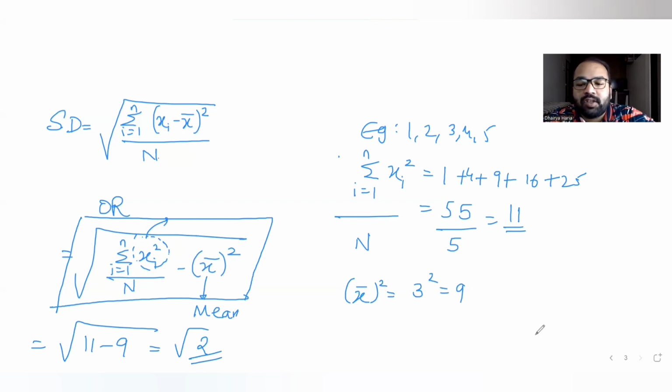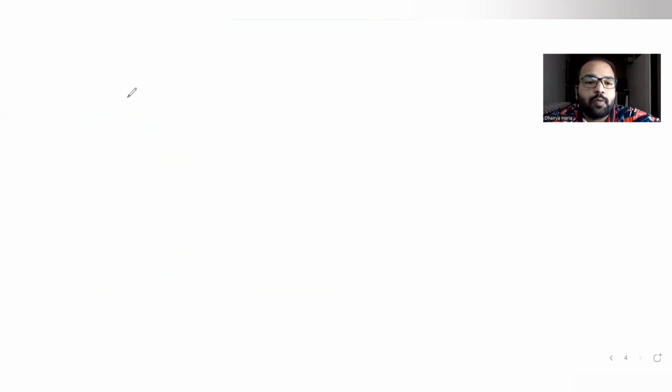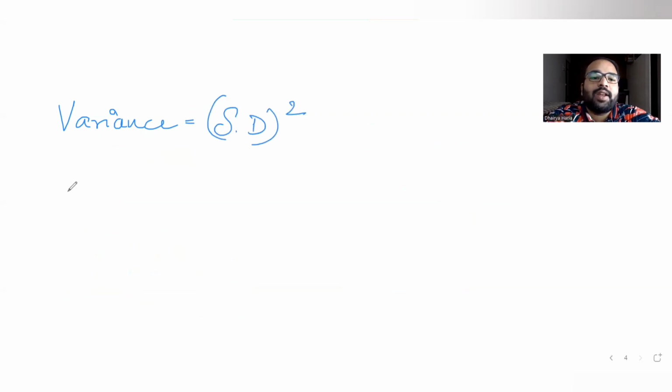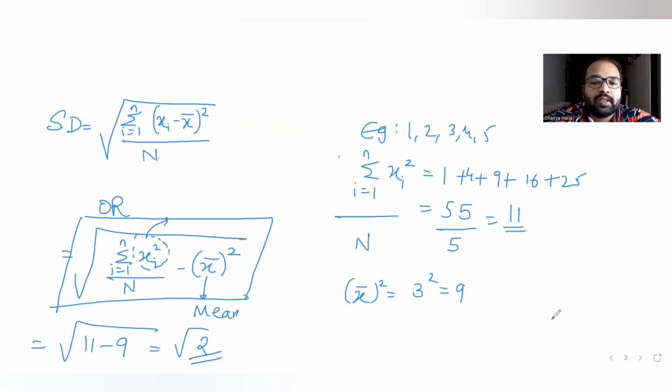Now, instead of this, if we had variance to be calculated, we already discussed at the start that variance is nothing but the square of the standard deviation. And we already discussed standard deviation was defined by the root of summation of xi minus x bar the whole square upon n, or the root of summation of xi square upon n minus x bar square.